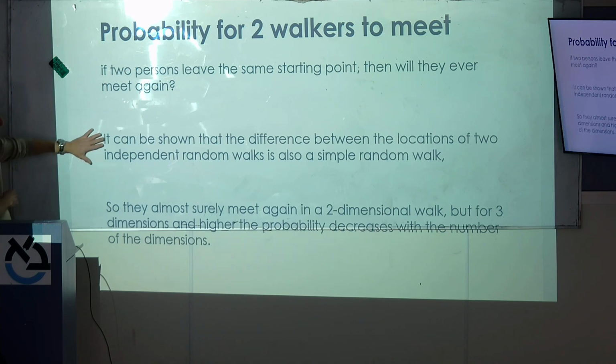It can be shown that the difference between the locations of the two independent random walks is also a simple random walk. So same result: in 1D and 2D, they will meet again. In 3D, they will never meet.